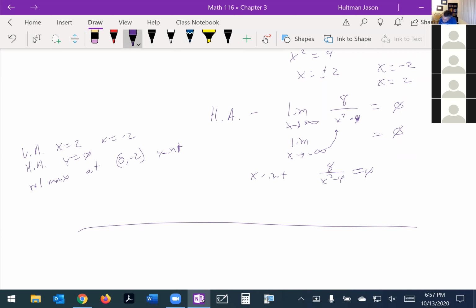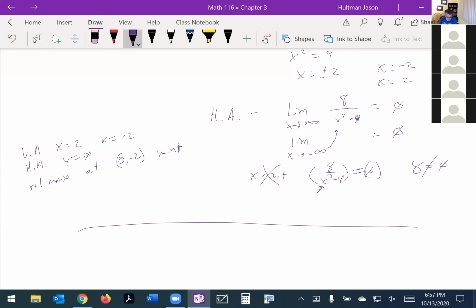Is there any number I could plug in here that's going to get this to be equal to 0? No. If I multiply both sides of the equation by the denominator, I would get 8 equals 0, which does not make any sense. So there are no x-intercepts.